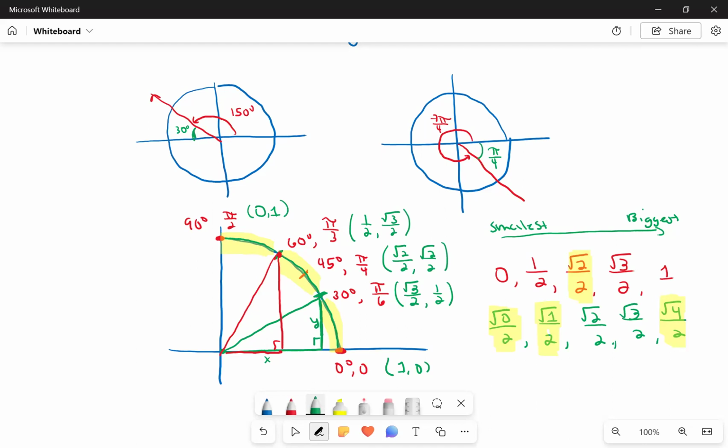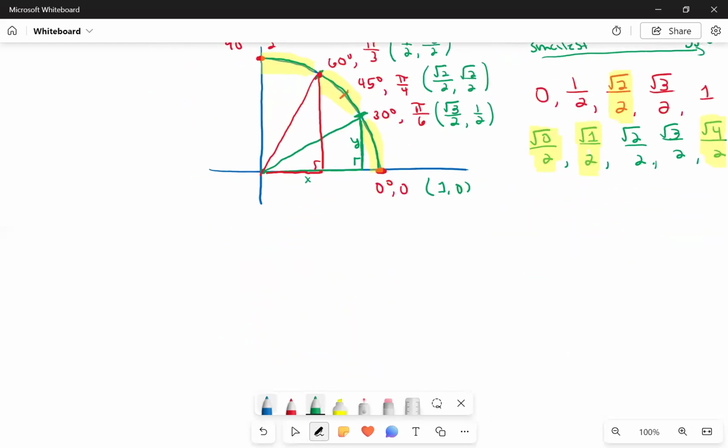So how does this extend into other quadrants? Well, let's take an angle and find the values of that angle. Let's say I want to find the sine of 210 degrees.